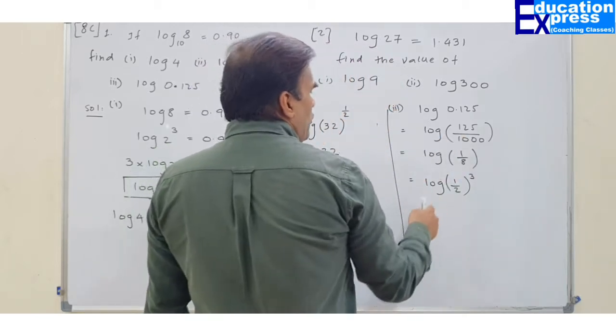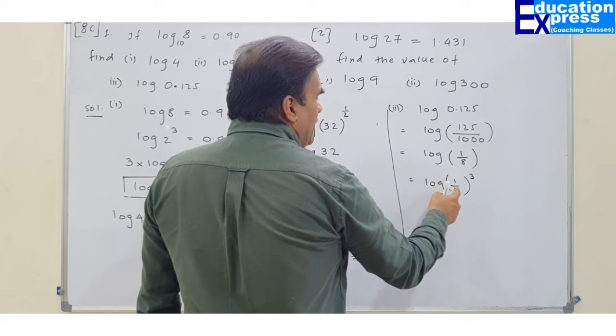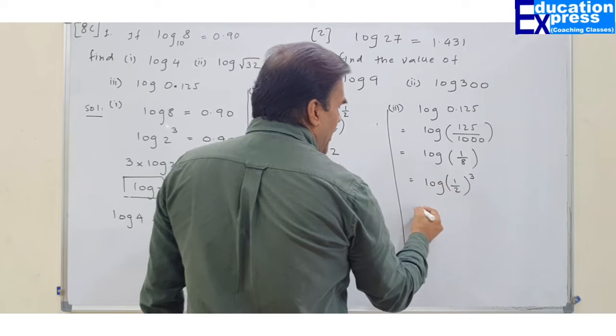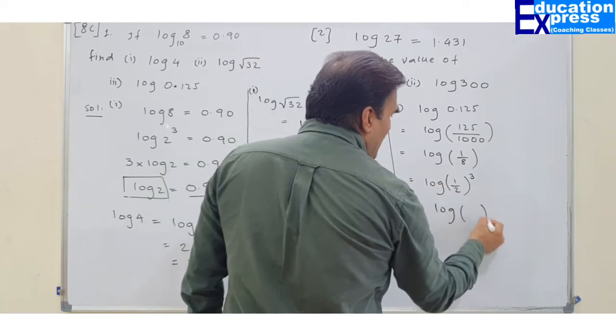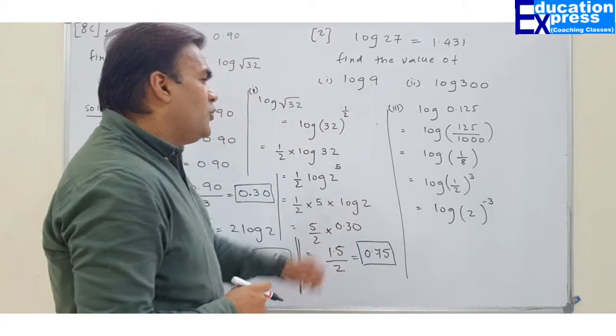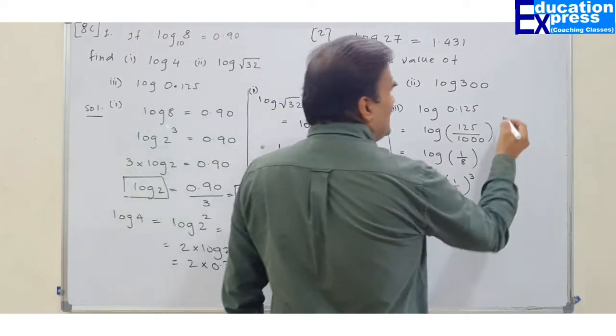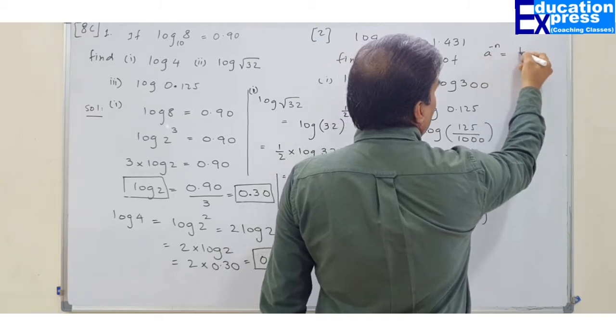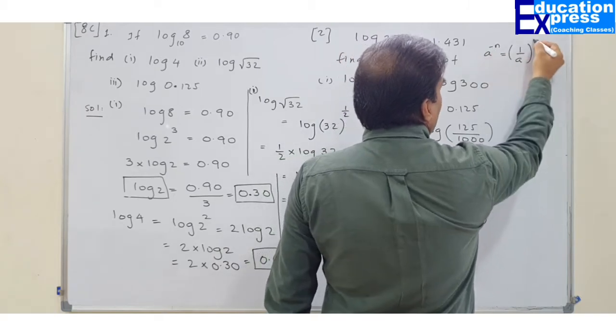We all know how we can find the value over here. We can convert this into, sir, can we write this as 2 raised to minus 3? I hope you remember the laws of indices, where a raised to minus n can be written as 1 upon a raised to n.